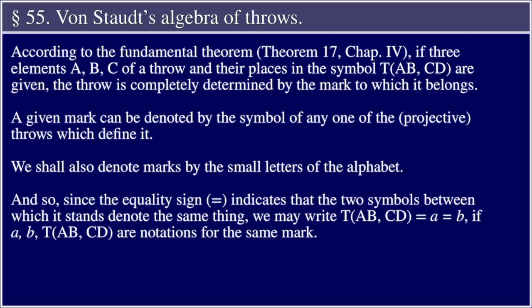We shall also denote marks by the small letters of the alphabet, and so, since the sign equal indicates the two symbols between which it stands denote the same thing, we may write T(AB, CD) = a if a and T(AB, CD) are notations for the same mark.